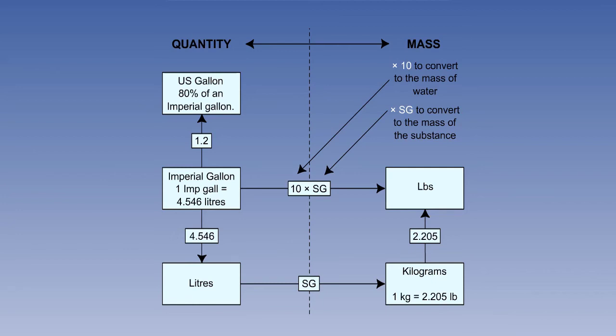The necessary conversion factors are listed along the appropriate lines. To carry out a conversion using the arrows, multiply the box at the tail of the arrow by the conversion factor, and when moving against the arrow, divide the box at the arrowhead by the conversion factor. The following practical examples will guide you through conversions.